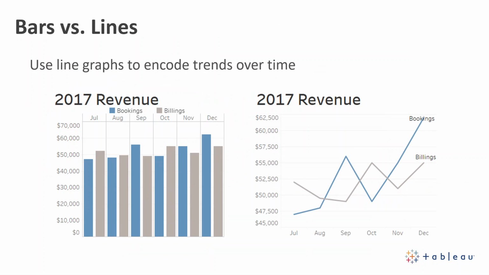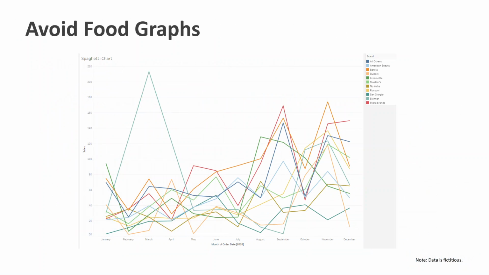As you can see in this example, on the left, it is hard to see the trend in the bar chart. We're trying to understand the evolution of the revenue over a month in 2017.